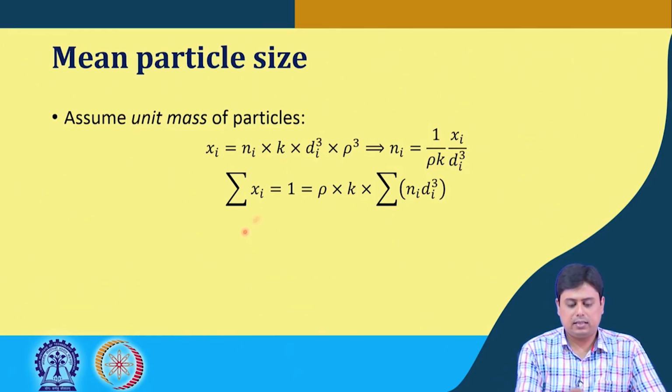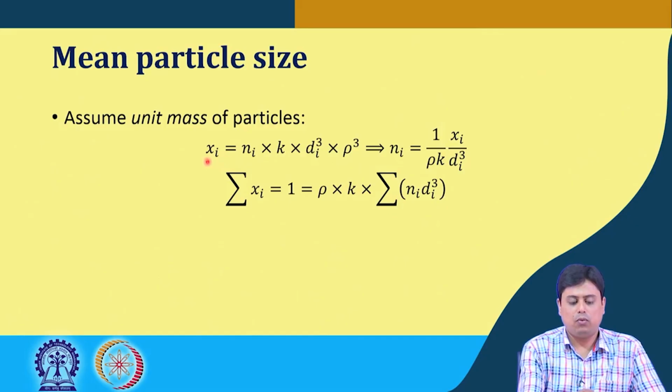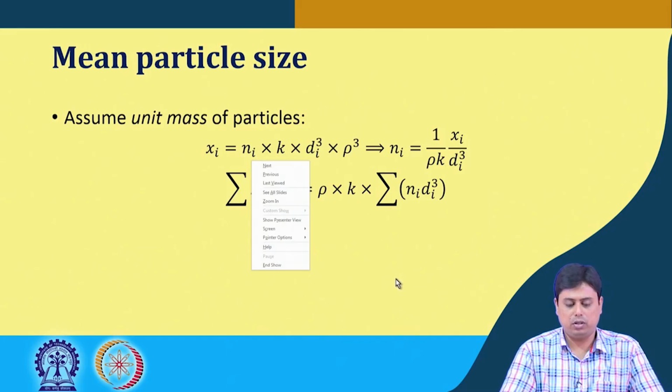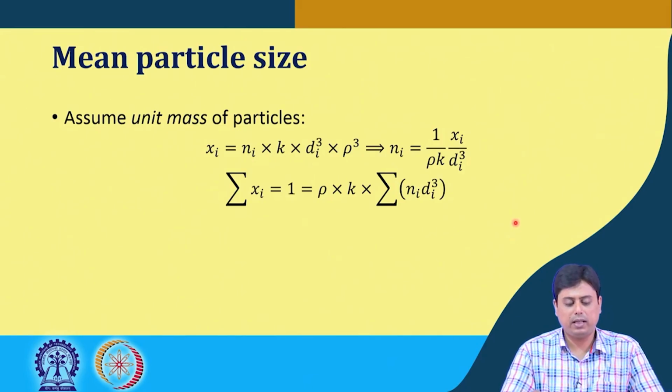This conversion is important in this case, from mass fraction to the number distribution. So, this is the number of particles of the ith size, meaning the size 1 particle.